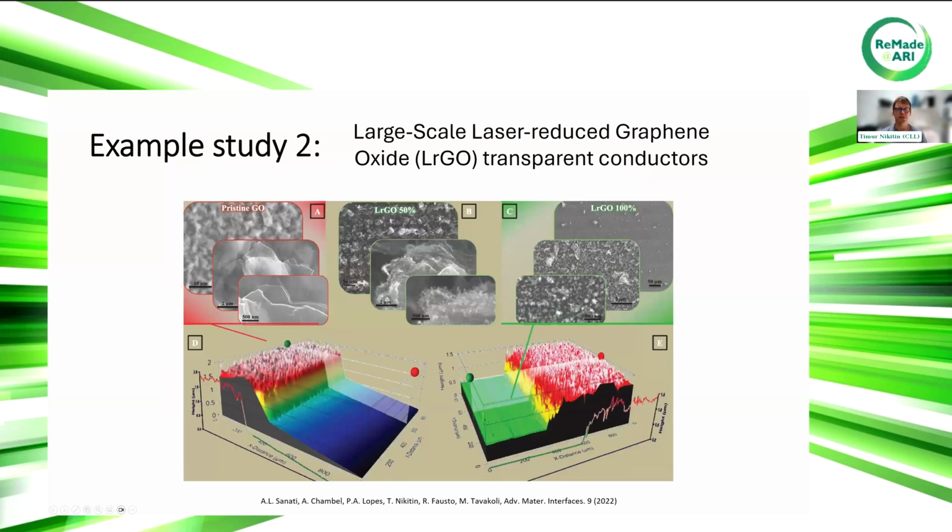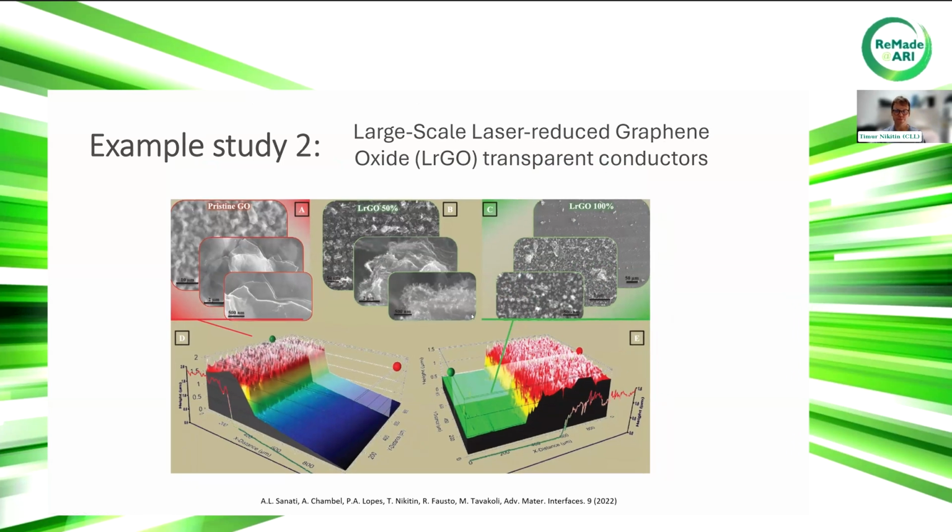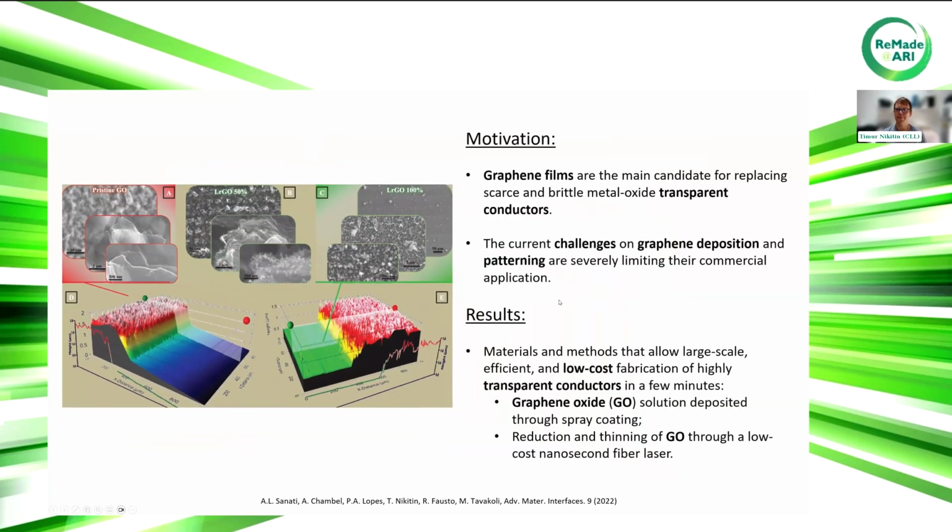Okay, another study. This has to do with large-scale laser-induced graphene oxide transparent conductors. The motivation for the study was that graphene films are the main candidates for replacing scarce and brittle metal oxide transparent conductors, but there is a challenge in graphene deposition and patterning.